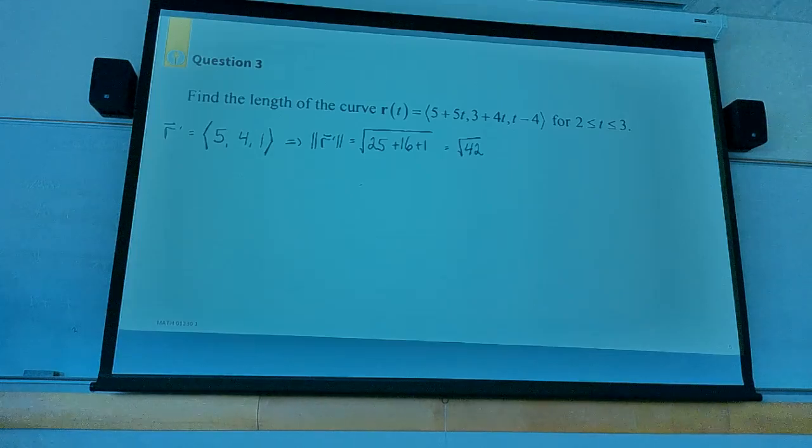Root 42? Two times 3 times 7. Bummer. Can't be simplified.